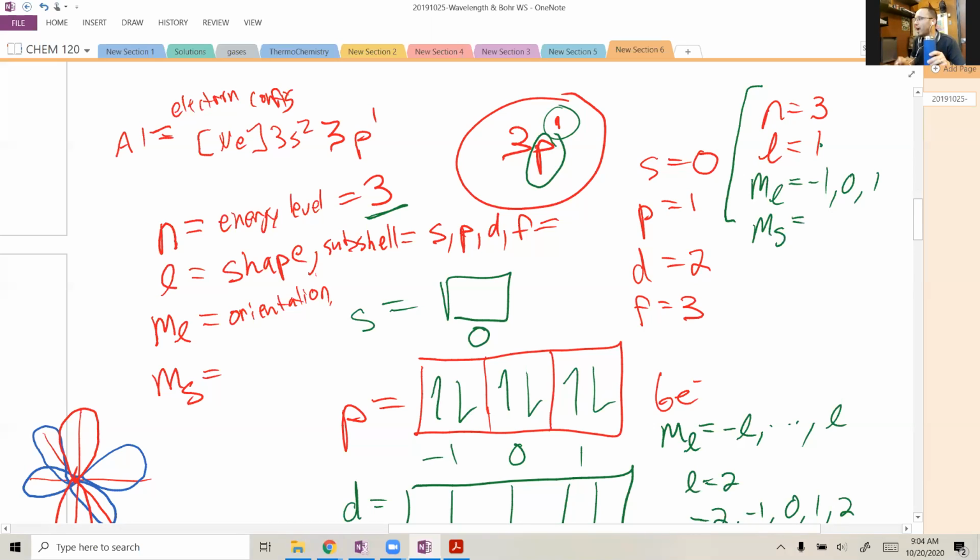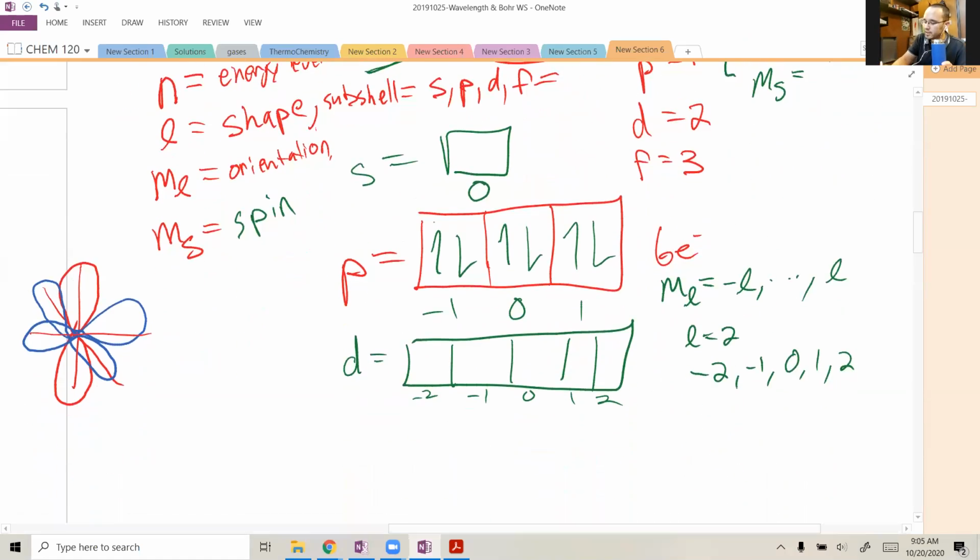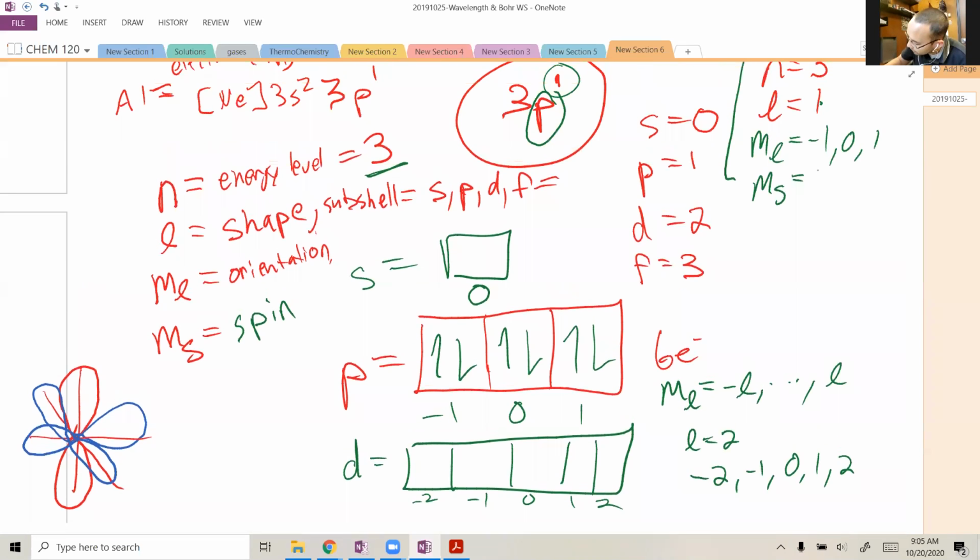Now MS is our spin. What they account for is whether the electron in the box is spinning up or spinning down. So what values do we have for MS? Positive half, negative half: +1/2 and -1/2. We could have either one.